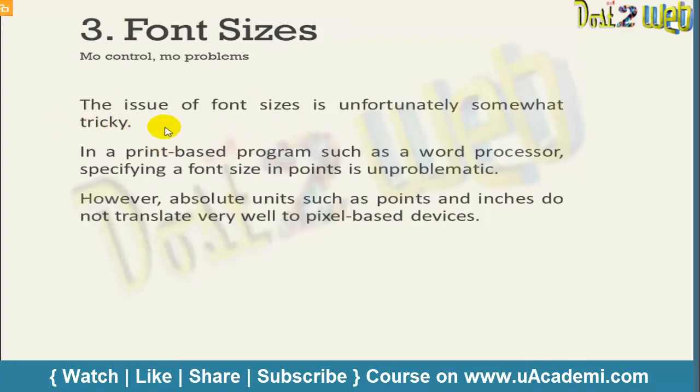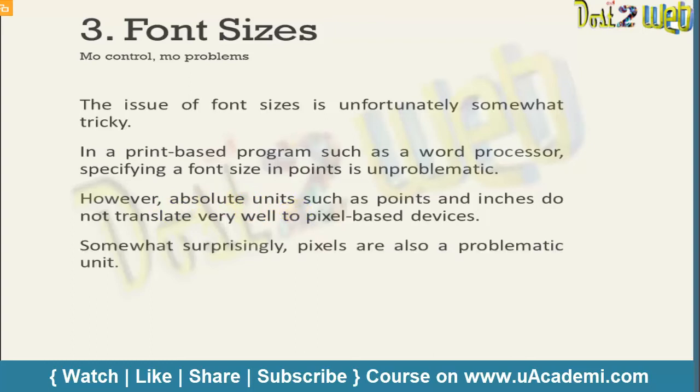So far we were using pixels or em. Whenever you want to use absolute units, you define points and inches. Pixels are also a problematic unit. Why? Because when you define pixels, it is not going to fit according to your screen size. Then there is a problem for us.